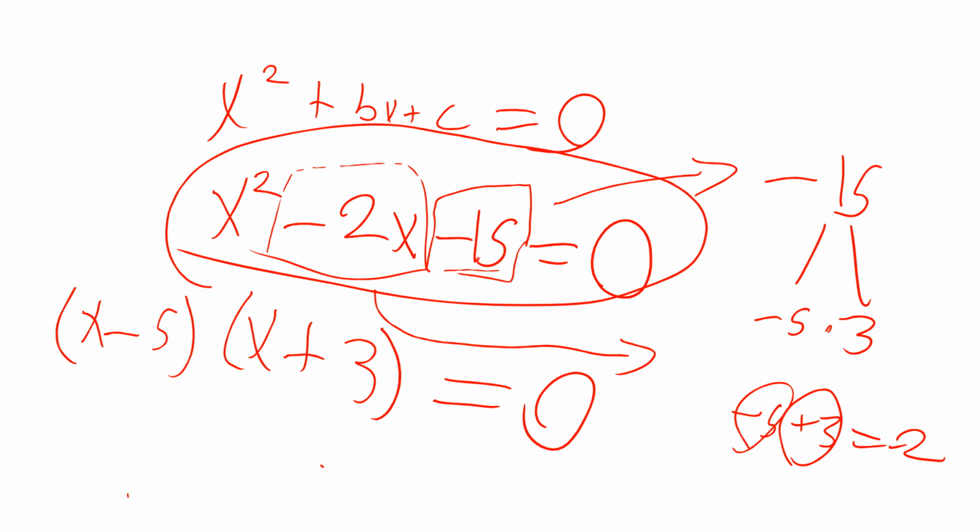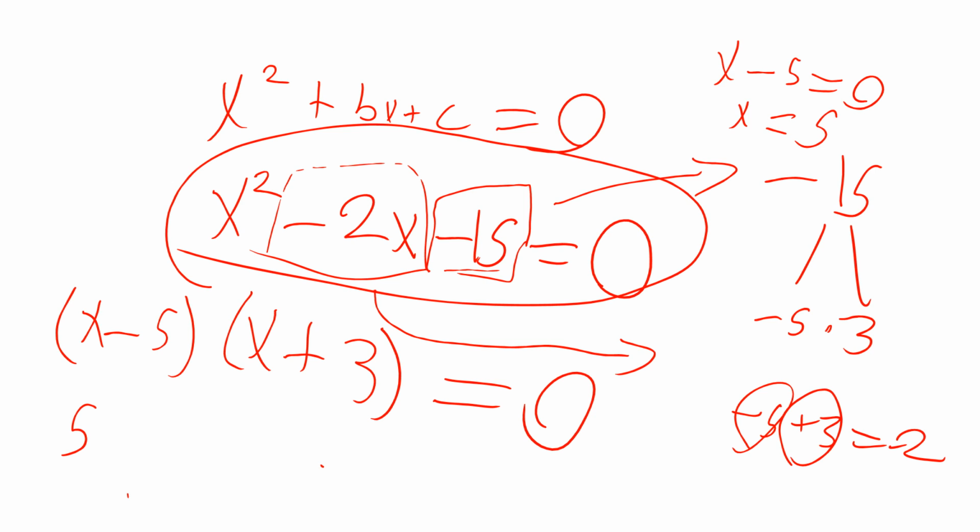Now we know that x minus 5 equals 0. This is how you want to solve this. So x equals 5, and that's just one solution. Remember, quadratic equations usually have more than one solution.